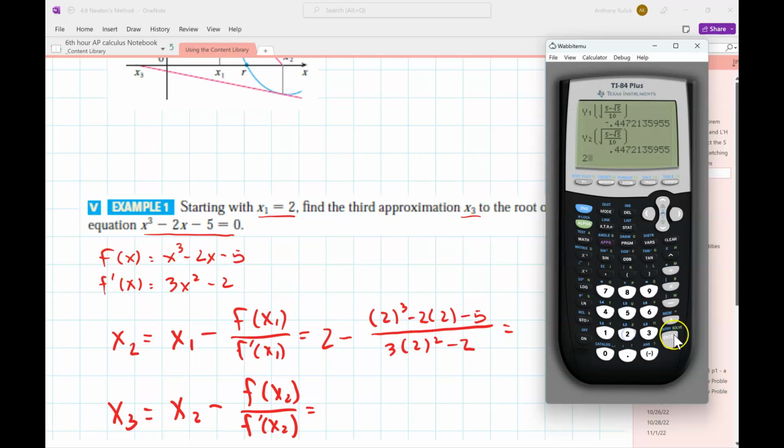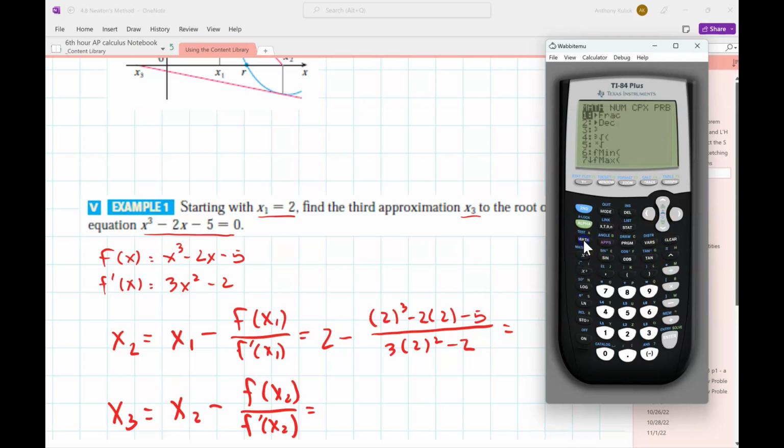I'm going to start by typing in my guess and pressing enter. So it says my initial guess should be 2, so I'm just going to type 2 and press enter. Now I'm going to type this formula, but in place of the x1, I'm going to type ans, second negative sign. I'm going to do minus, make my fraction, and I'll do y1 of, in parentheses, and then ans, and then the denominator is going to be the derivative.